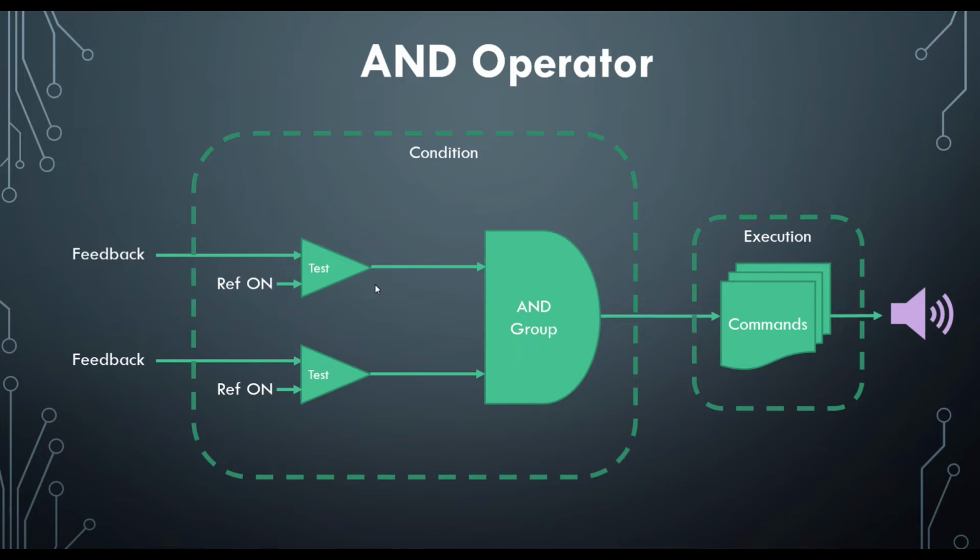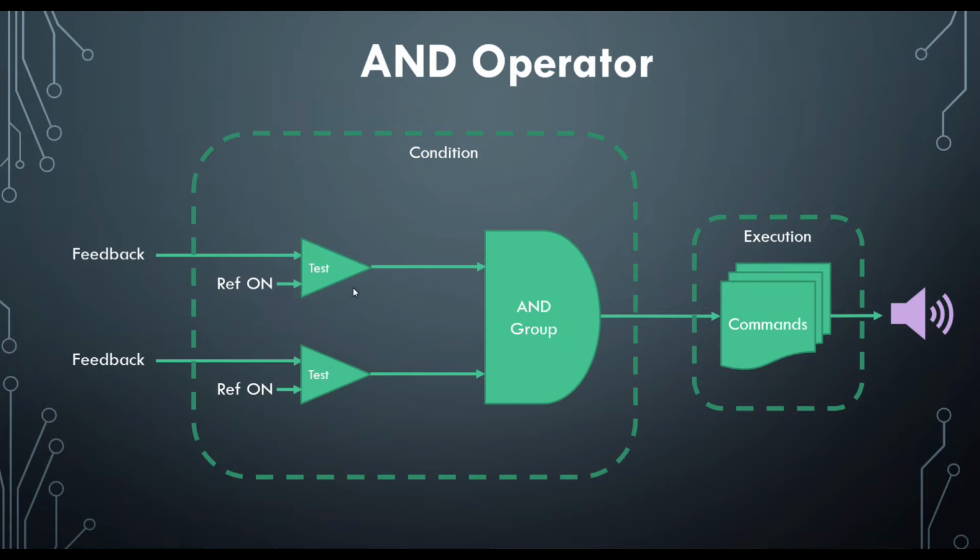The OR action has the same test setup as shown here. I have just added the reference input this time so that it is clearer that this test is a comparison test of these two inputs.